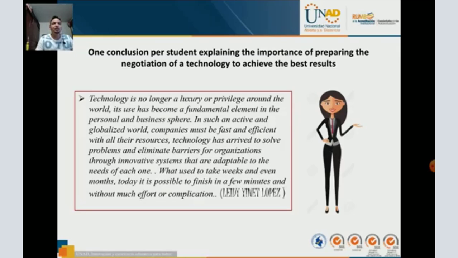Technology has arrived to solve problems and eliminate barriers for organizations through innovative systems that are adapted to the needs of each one. What used to take weeks and even more, today it is possible to finish in minutes.